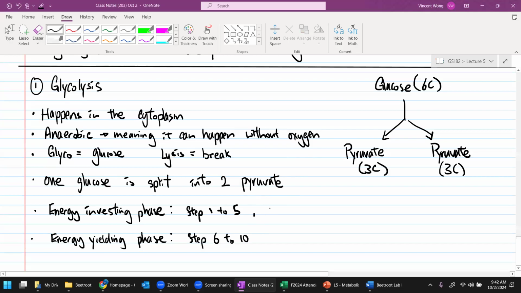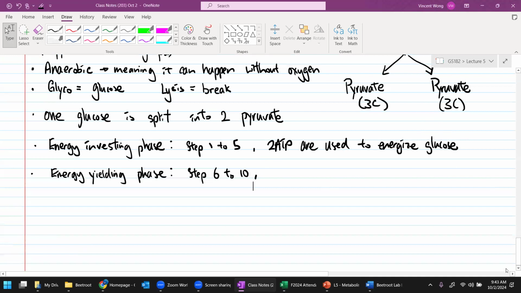Okay? So 2 ATP molecules are invested, are used to energize glucose. Okay. And then from the energy yielding phase, you're going to get 4 ATP and 2 NADH are produced.